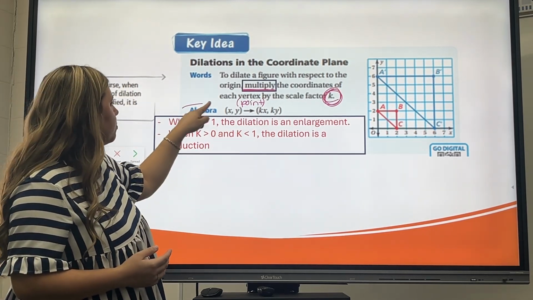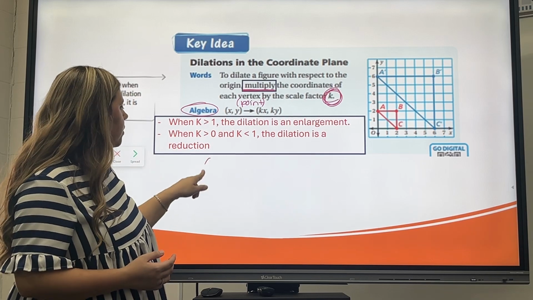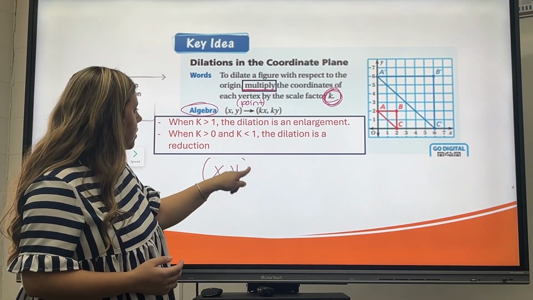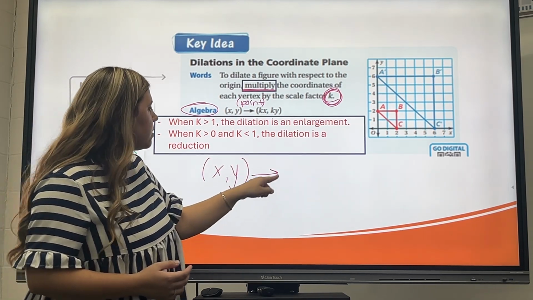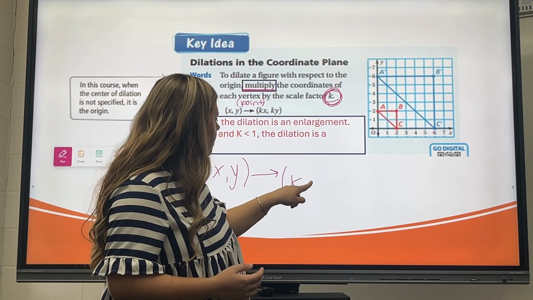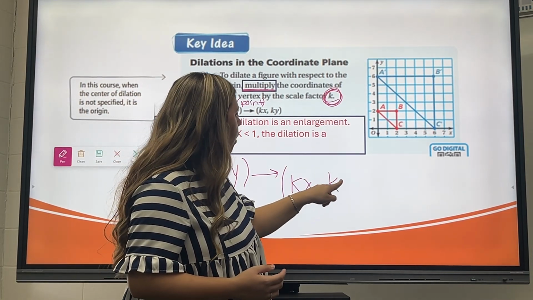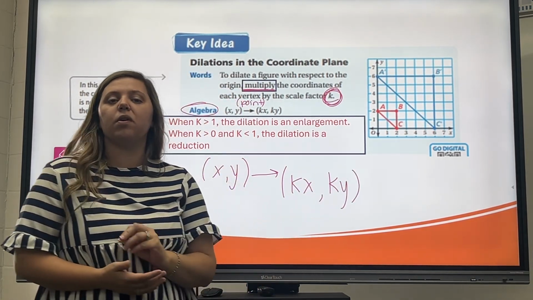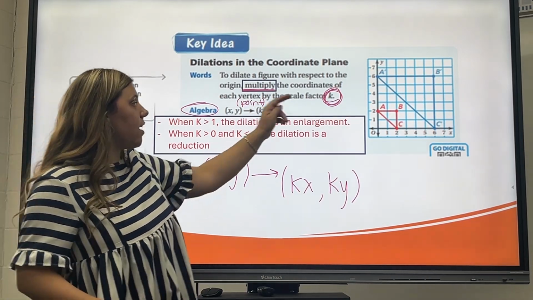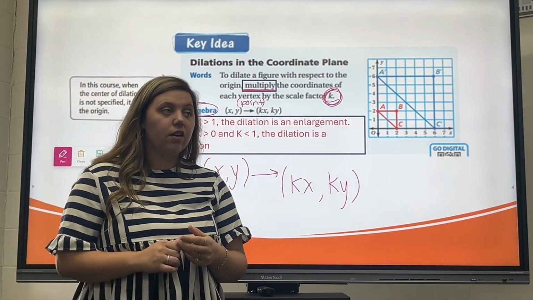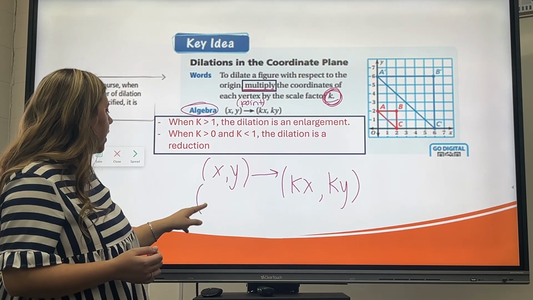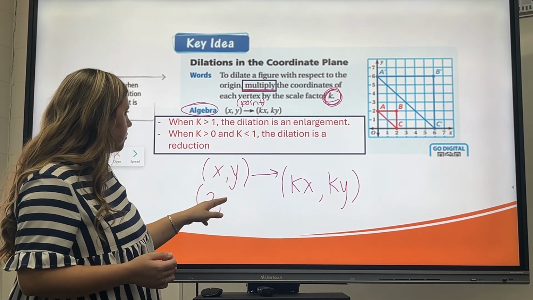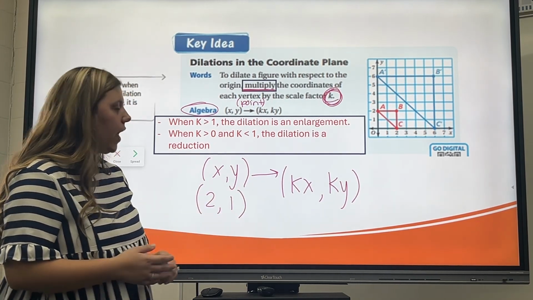Take a look at the algebra. Okay, here's the rule. (x, y), this is on your paper, becomes (kx, ky). Now that seems a little bit confusing, but they just told you that k represents the scale factor. Okay, so maybe they give us a point like (2, 1), okay? That's our point.